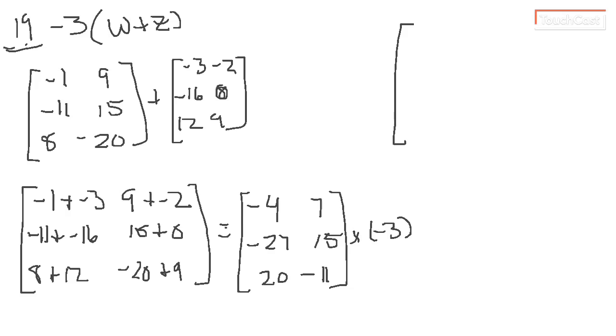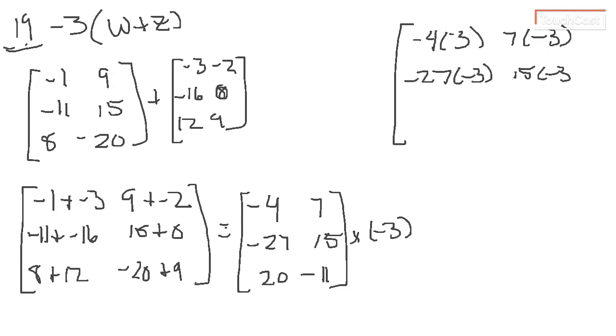I'm going to bring that up here at the top of the screen. So we're going to go -4 times -3, 7 times -3, -27 times -3, 15 times -3, 20 times -3, and -11 times -3. Now let's do the multiplication.